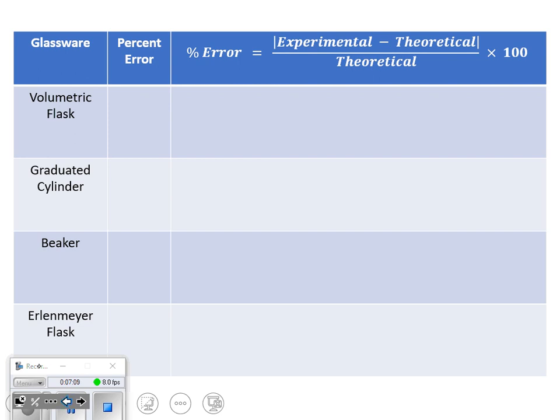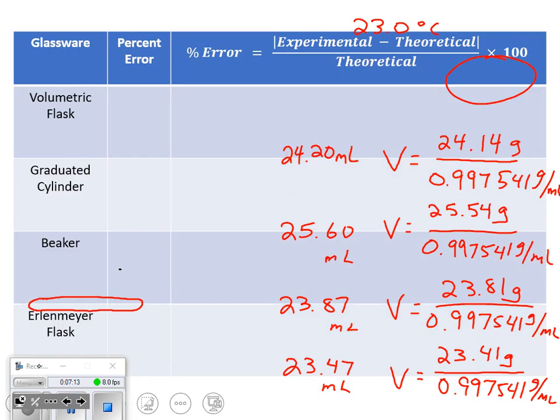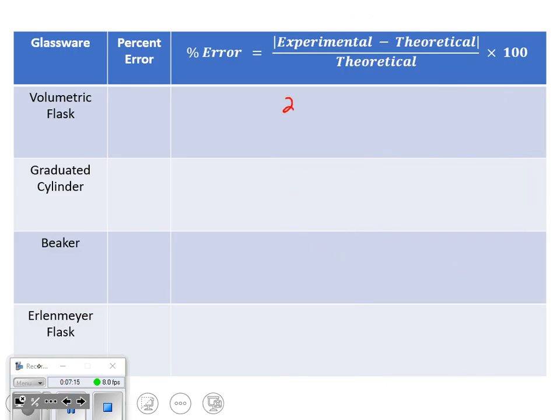So I come back and I look and I say 24.21 minus 25.0, divided by 25.0, and I'm going to multiply that by 100.